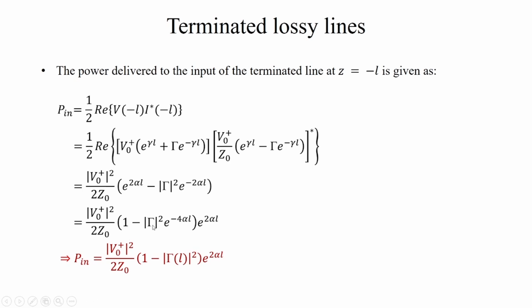Please note, in the previous equation the power is in terms of the reflection coefficient gamma at the load, whereas in this expression the power is in terms of the reflection coefficient at z is equal to minus L.